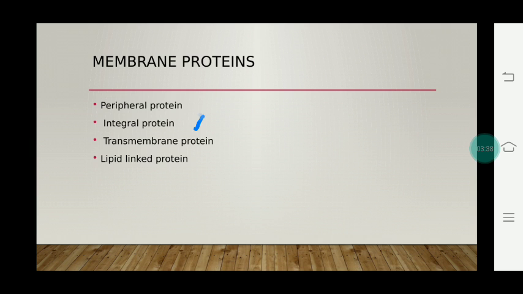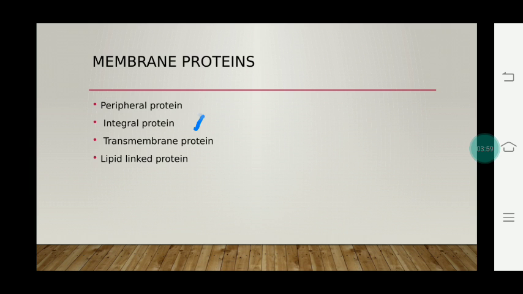Many of the proteins associated with the membrane can be released from the membrane by relatively gentle extraction procedures, such as exposure to solutions of very high or low ionic strength or of extreme pH.